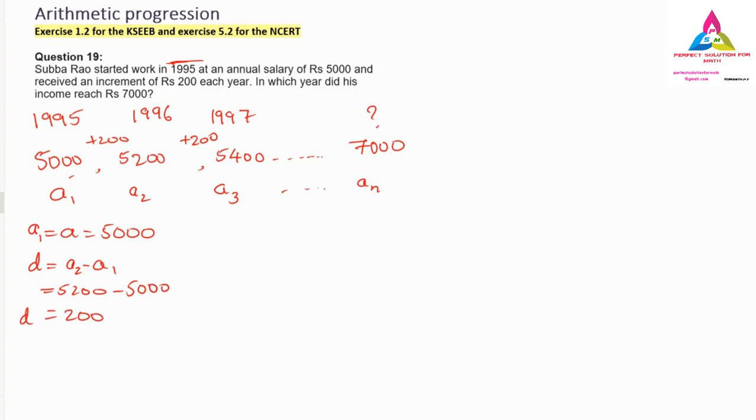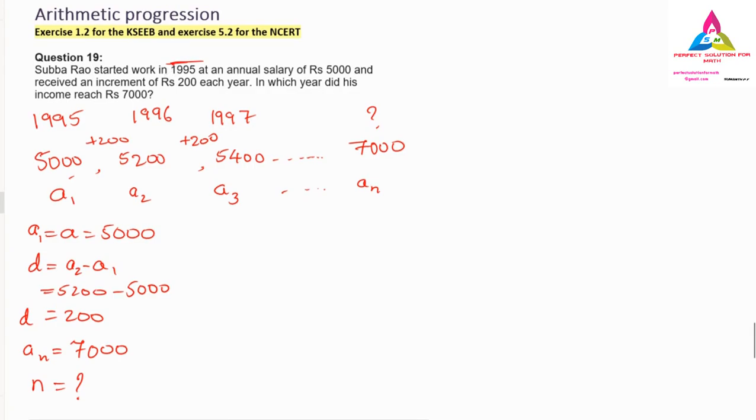Next they have given an, that is the last salary he was getting, 7,000. So here one thing is missing. After how many years did his salary rise from 5,000 to 7,000? That we don't know, so we have taken it as n. This is the basic thing. Now we have to substitute in the formula and find the answer.